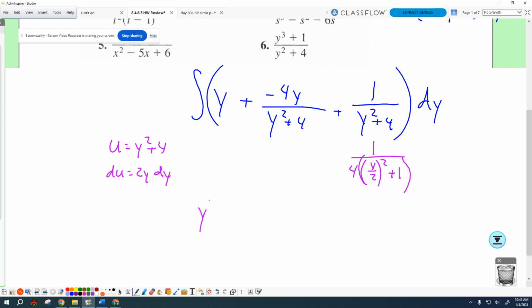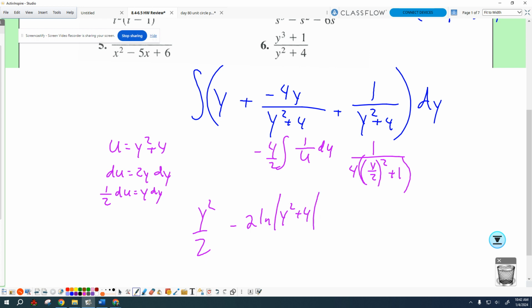So this integrates to be y squared over 2. And this one with the u substitution is integrating 1 over u, and then this is arctan of y over 2.